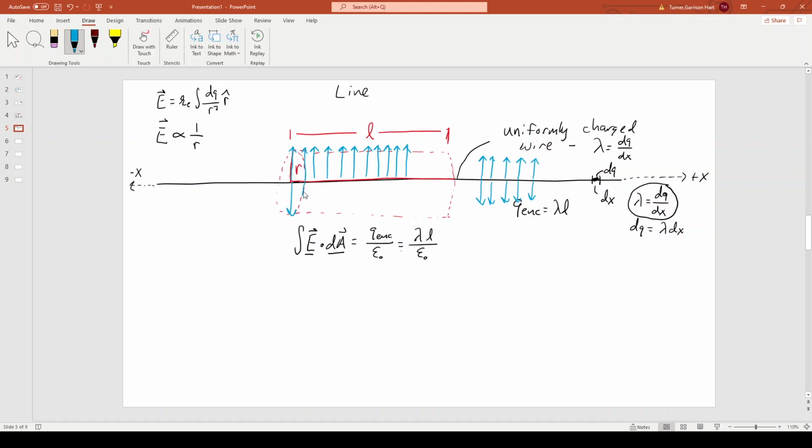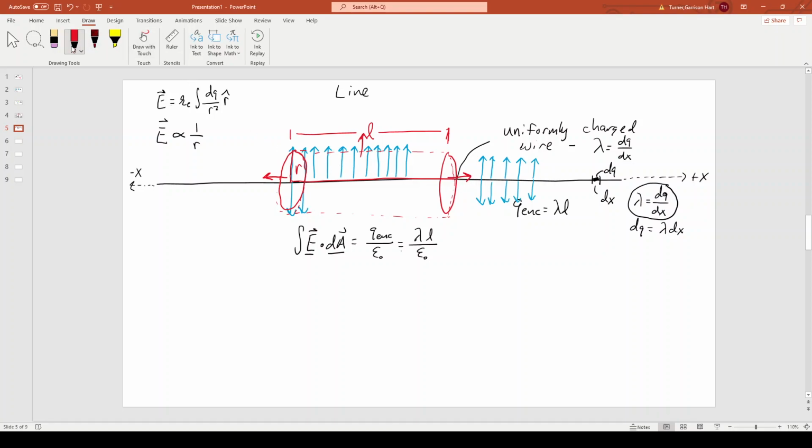And you'll notice that the actual edge, or this face of our Gaussian surface, is not going to contribute anything, because the surface of my cylinder at these points has a normal vector this way, but the surface here has a normal vector this way. And same thing for the back surface back here. It will have a normal vector this way.